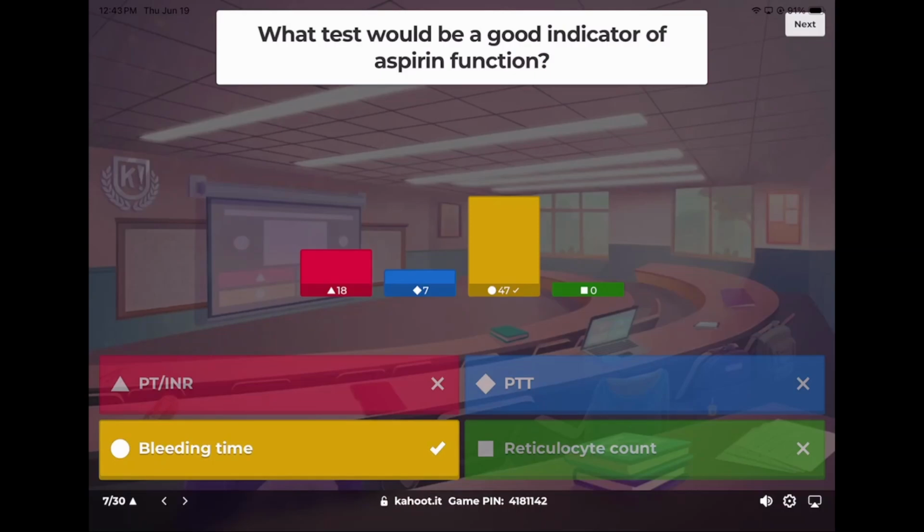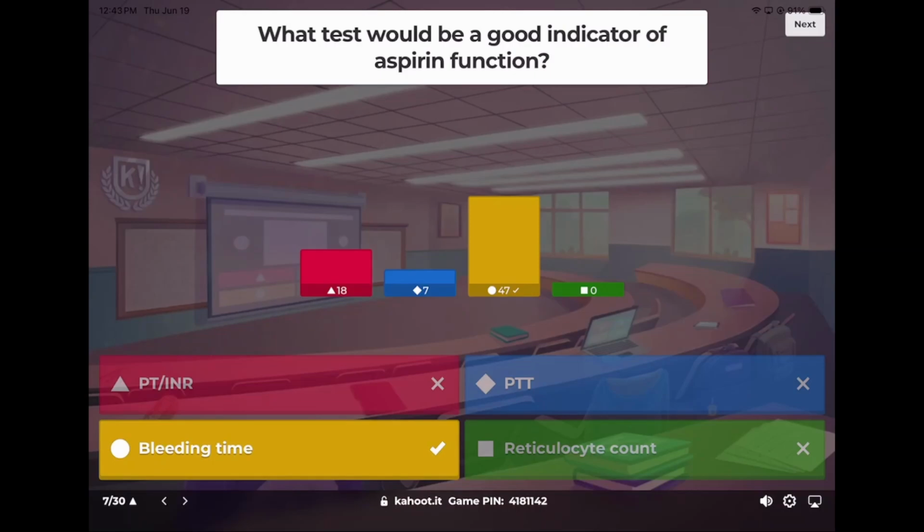And bleeding time is the one that you do for aspirin function. Why is aspirin good for bleeding time? What does aspirin affect? Platelets. PT/INR and PTT are all coagulation, but the bleeding time is platelet function only. That's why there's a difference there. So bleeding time is looking at your platelets.